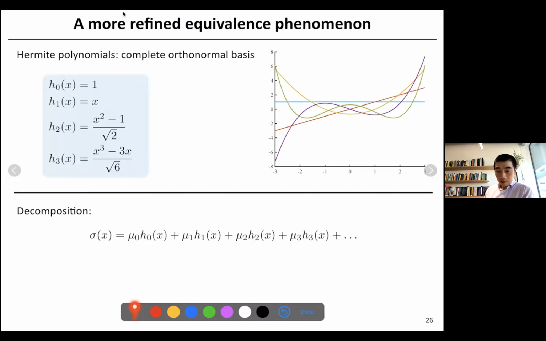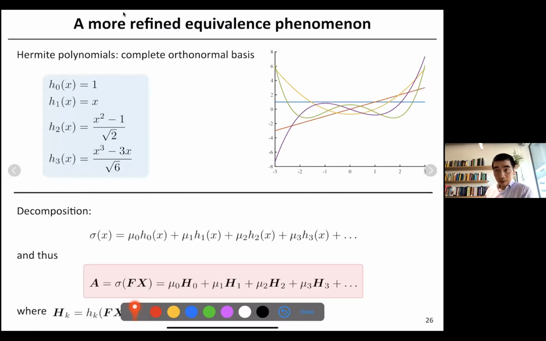Because we are applying this nonlinearity to each entry of the random matrix, we can write the random matrix A, which is sigma of F times X, as a linear combination of individual random matrices, where each random matrix, for example H1, is just applying the first Hermite polynomial entry-wise to the random matrix F times X, and so on and so forth. So we can write A as a linear combination of these random matrices.